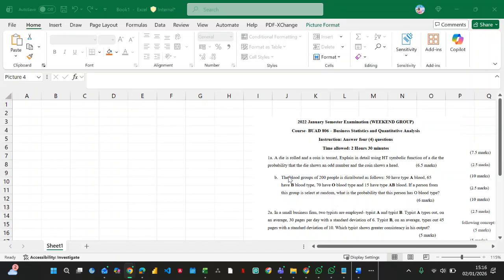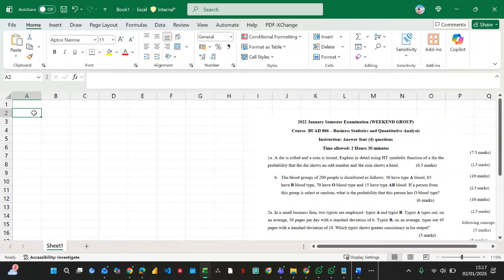Okay. So we have two events here, right? The first one is a die. A die is rolled and a coin is tossed. Now explain in detail using the symbolic function of a die the probability that the die shows an odd number and the coin shows a head.